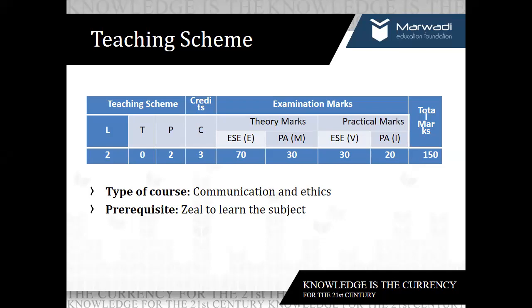And if you do that, you will get the score out of 50. So in total, there will be 150 marks. Type of the course is communication and ethics. It's about communication only. That is English. And the prerequisite is need to learn the subject. That means you need to learn. If you wish to learn, you can learn in that way. Okay. There's nothing more into this.